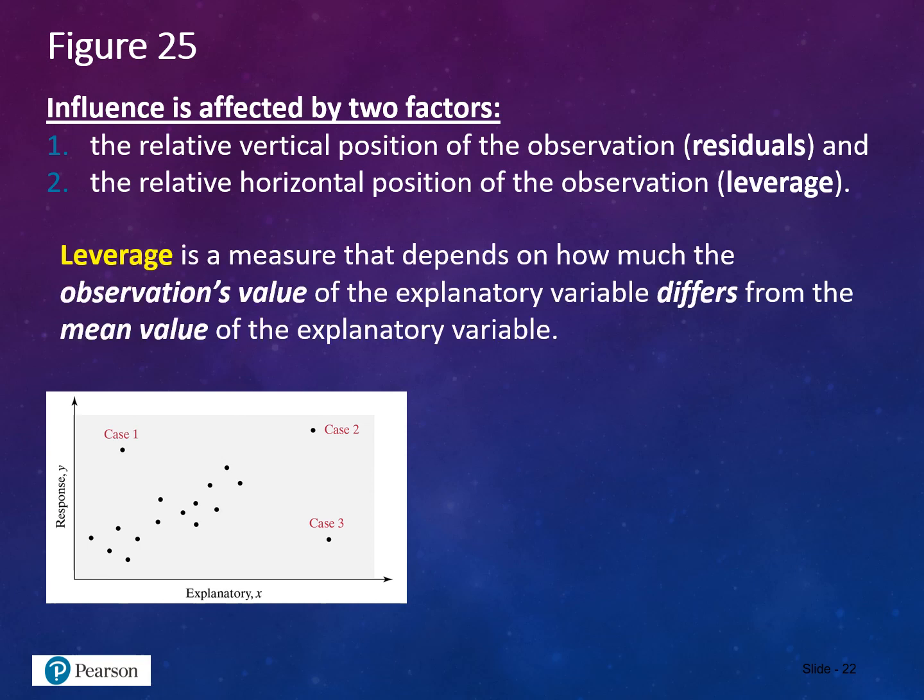Leverage is a measure that depends on how much the observation's value of the explanatory variable differs from the mean value of the explanatory variable. So again, what we're talking about here is the average of the x-axis. Where is the mean here, and how far are points away horizontally from that mean value along the x-axis?